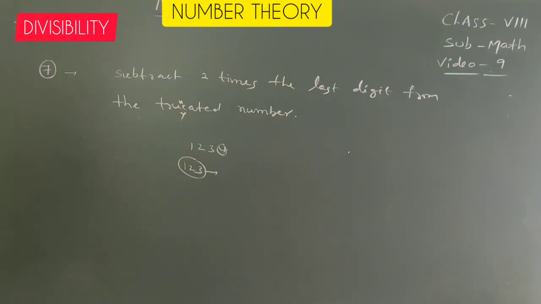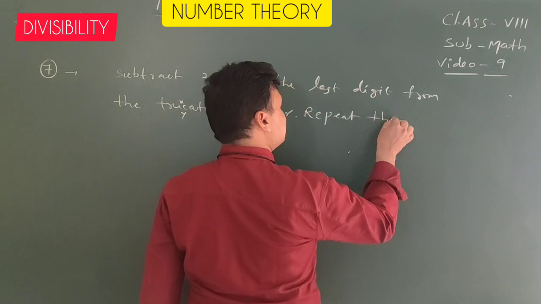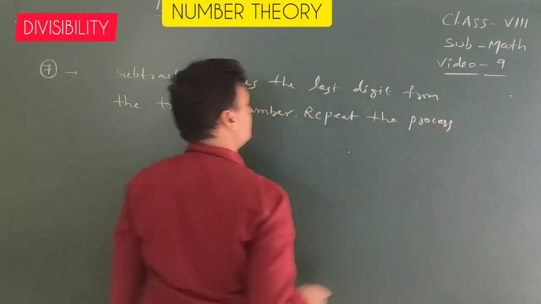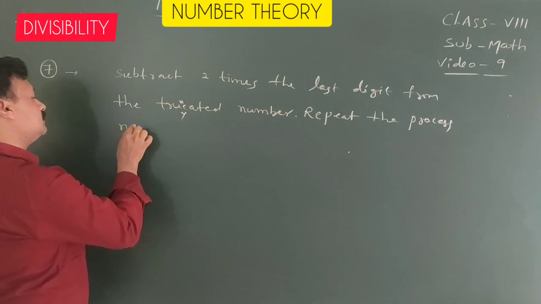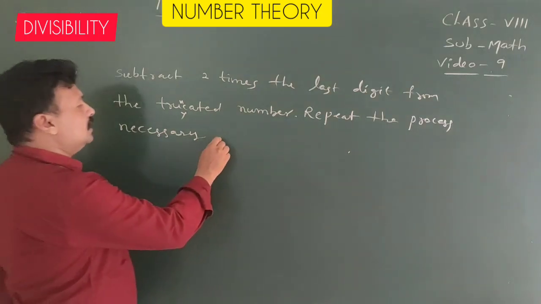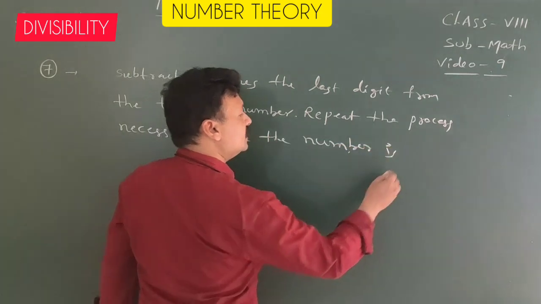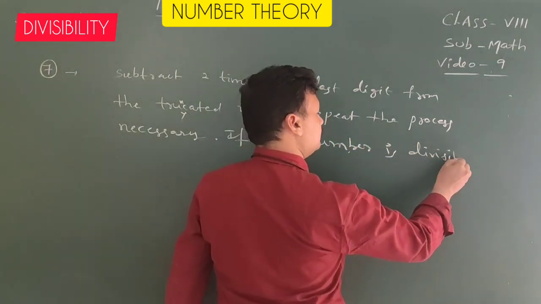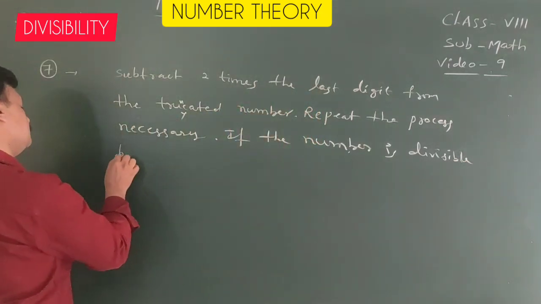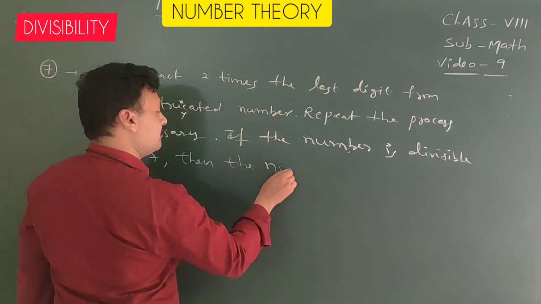So, subtract 2 times the last digit, and repeat the process if necessary. If the result is divisible by 7, then the number is divisible by 7.